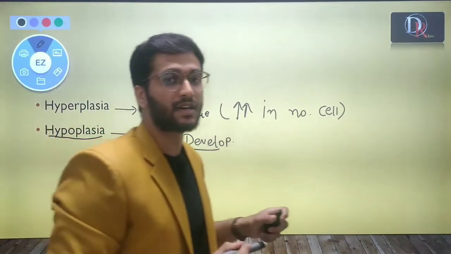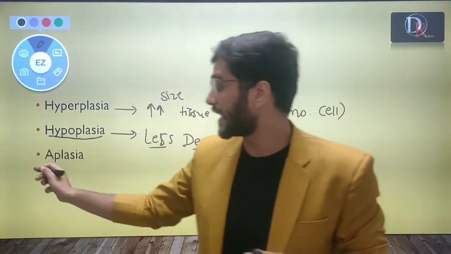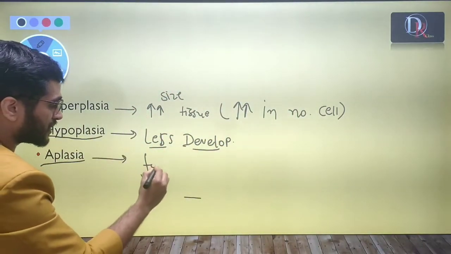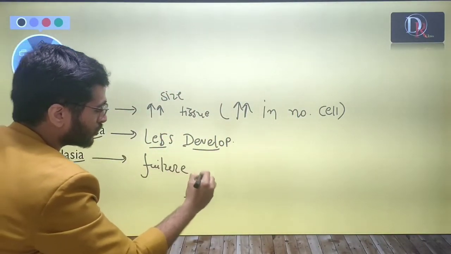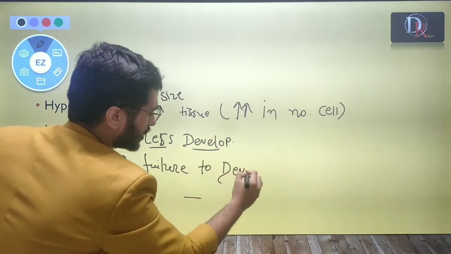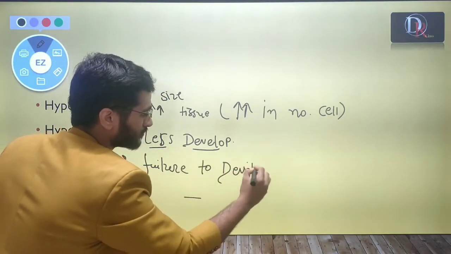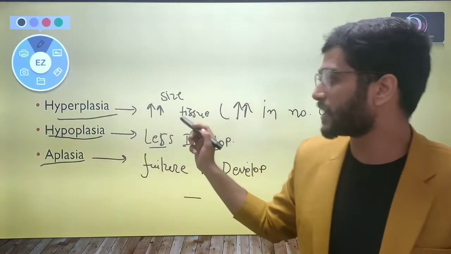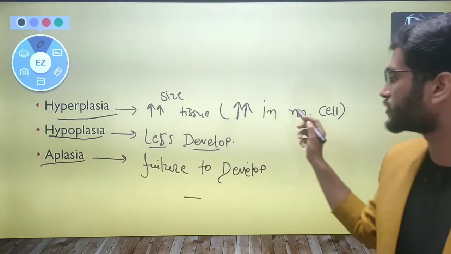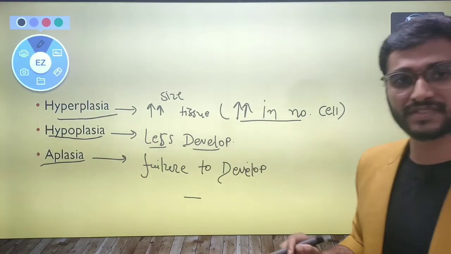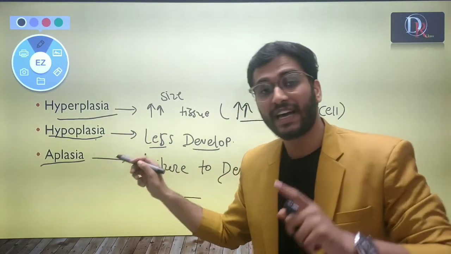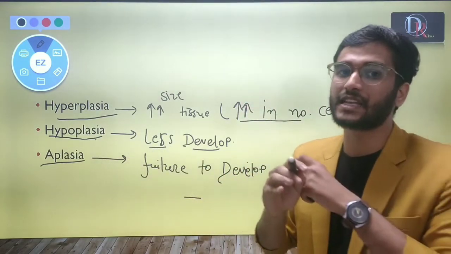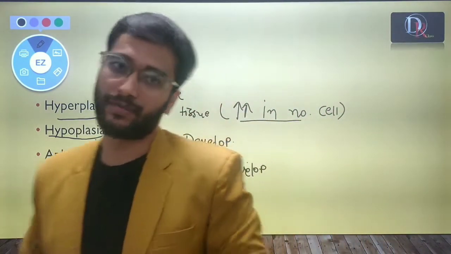Clear? And the last term is aplasia. Aplasia is the failure to develop a tissue. So here we find that hyperplasia is an increase in size due to an increase in the number of cells, hypoplasia is less developed tissue, and aplasia is the failure of development.